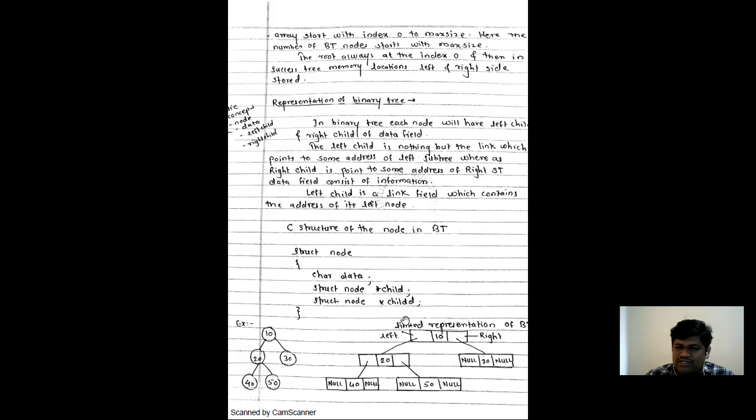You can consider character or integer. Then the child pointers: two pointers, one for the left and another one for the right.